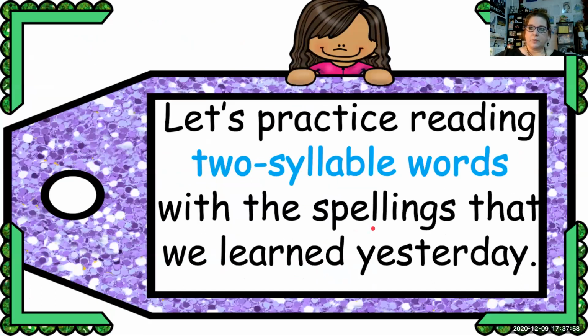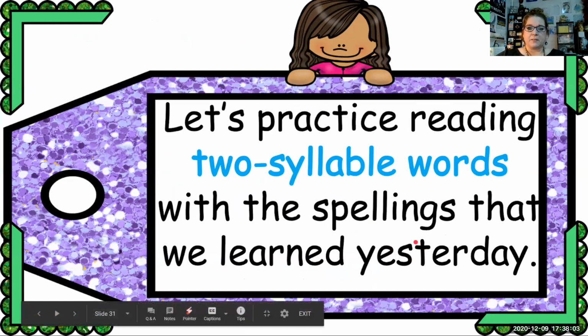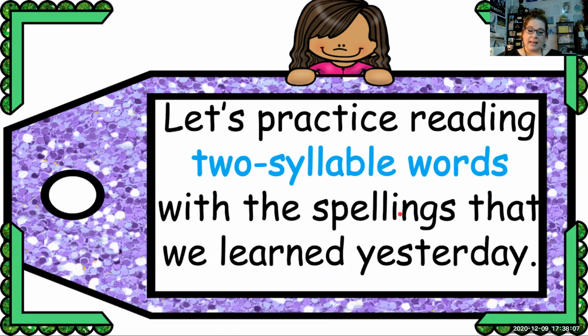So we are going to practice some two-syllable words with the spellings that we learned yesterday with the I and the IE. Okay, so here we go. What we're going to do is look at a word and decide if it is the long I sound or the short I sound.